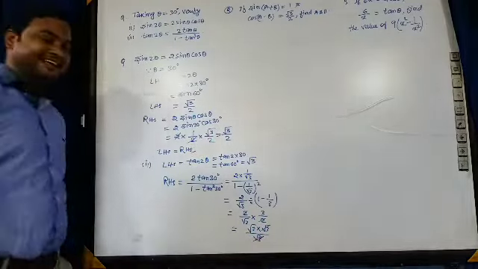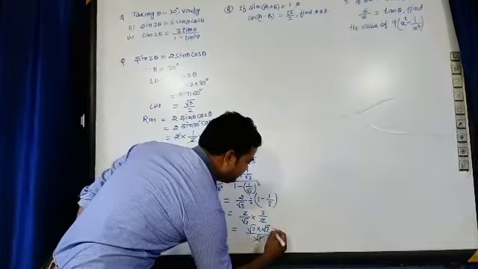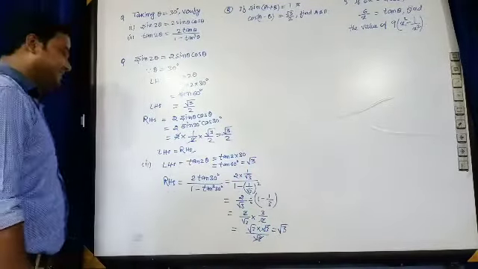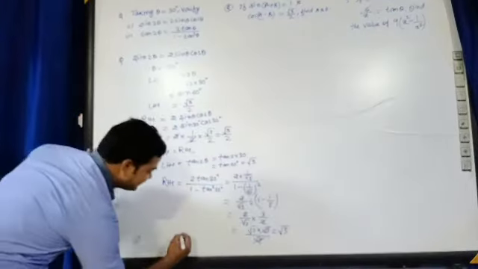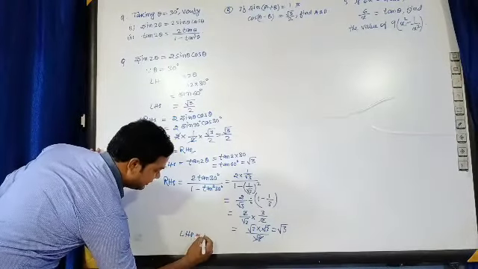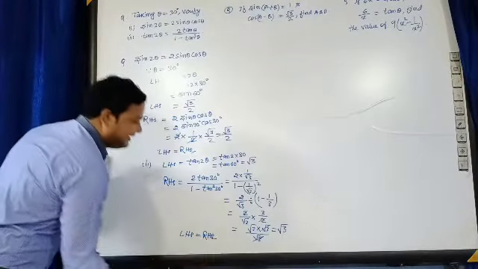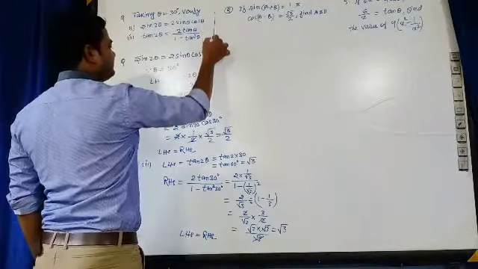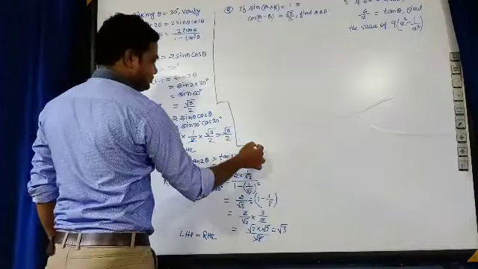Root 3 cancels and it is equal to root 3. Now LHS is also root 3, RHS is also root 3. Hence LHS equal to RHS.